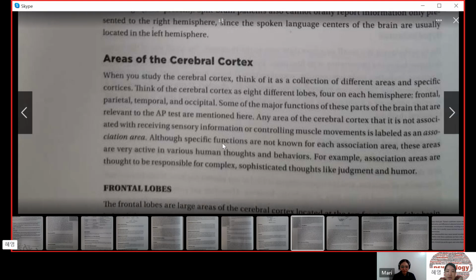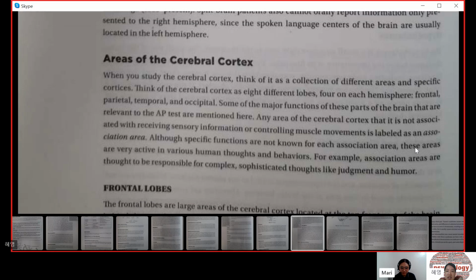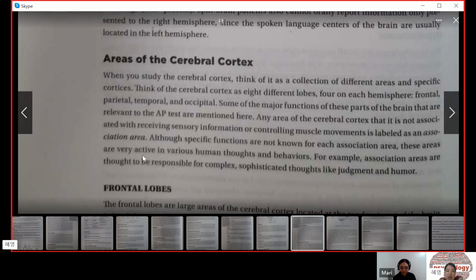Although specific functions are not known for each association area, these areas are very active in various human thoughts and behavior. For example, association areas are thought to be responsible for complex, sophisticated thoughts like judgment and humor.